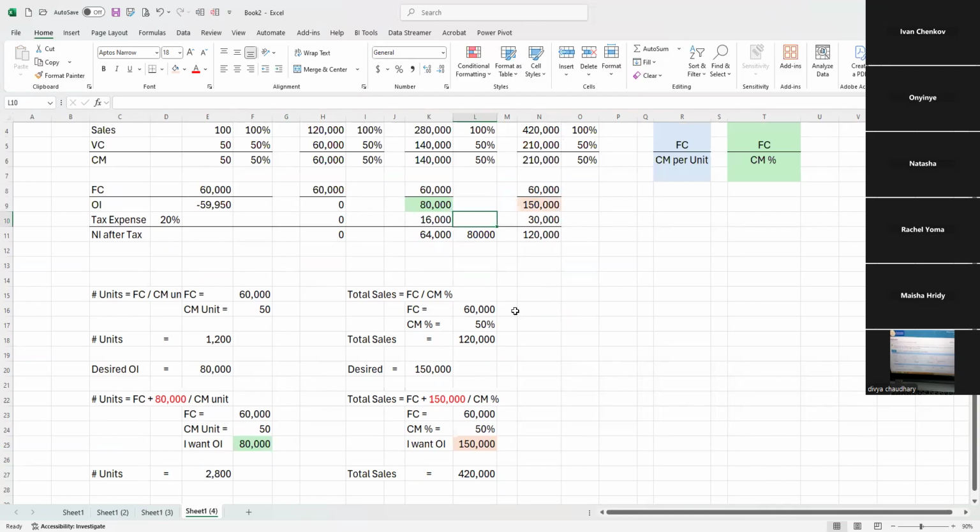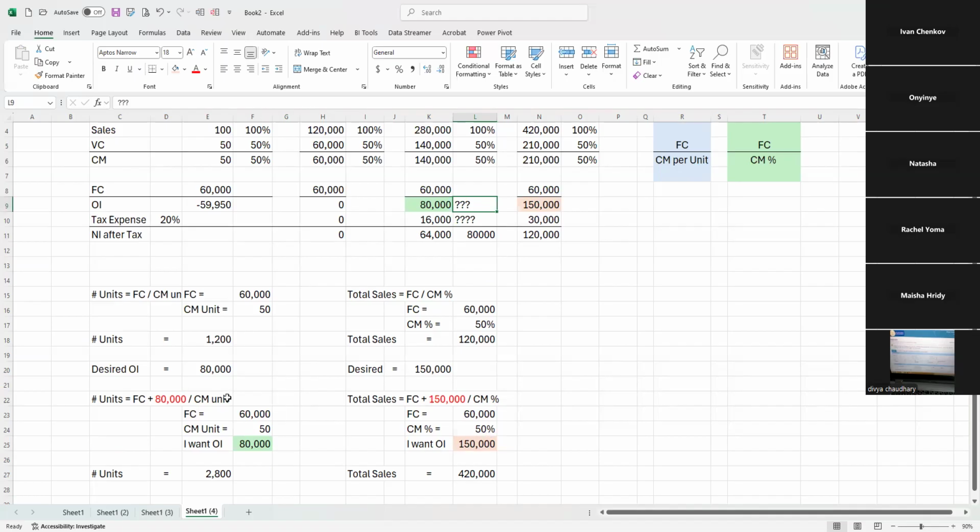But I know that here I have to pay taxes, which I don't know how much is. I know the percentage of the taxes, but I don't know the amount. And I don't know this amount either. That's what I want. So now I have to increase the operating income that I want here.